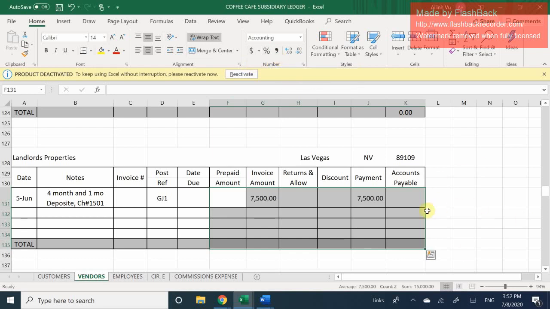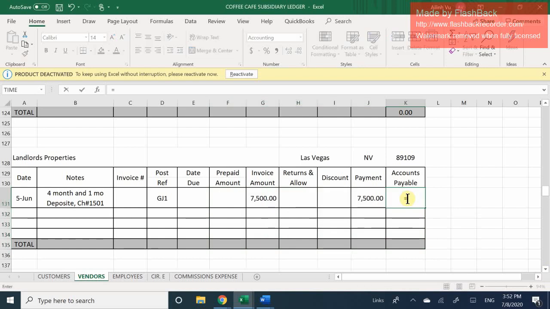So what this formula is going to be is it's going to equal your invoice amount, right? You're going to subtract any prepaid amounts. You're going to subtract any returns and allowances. You're going to subtract any discounts. And lastly, you're going to subtract your payment to indicate that I owe nothing in this account, okay?